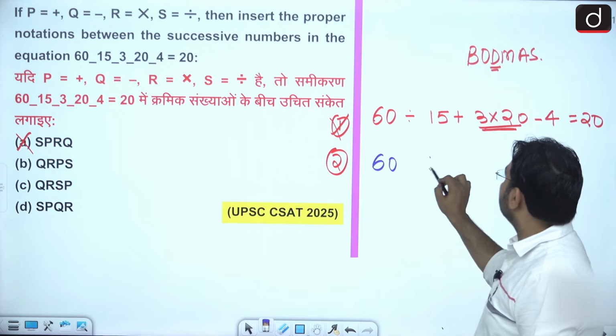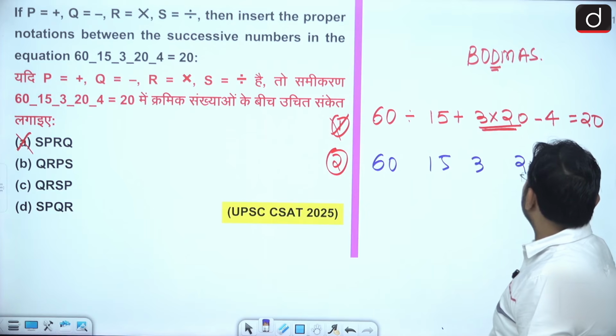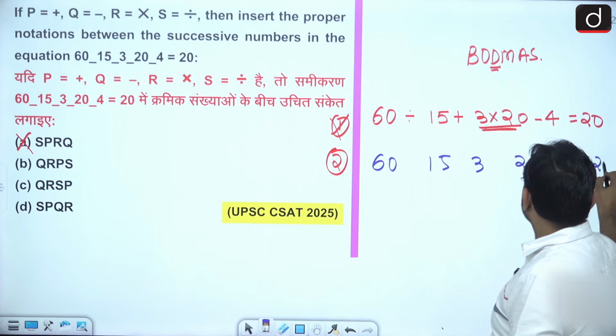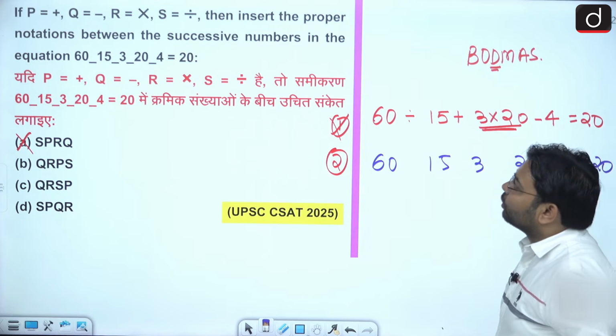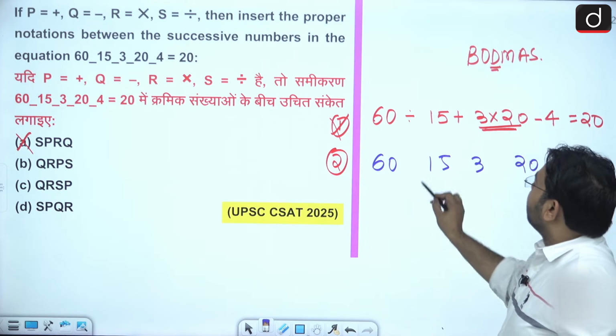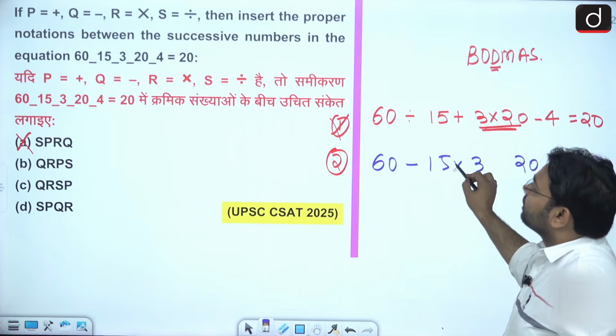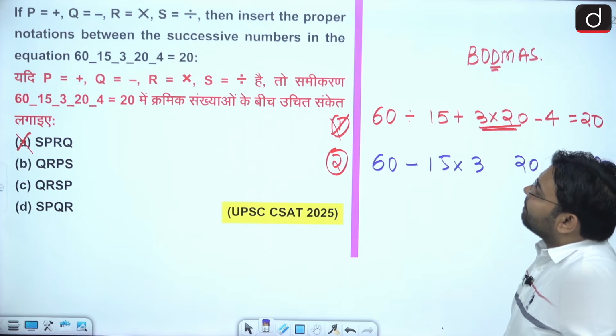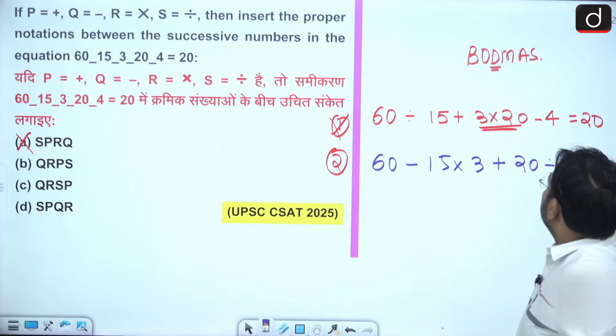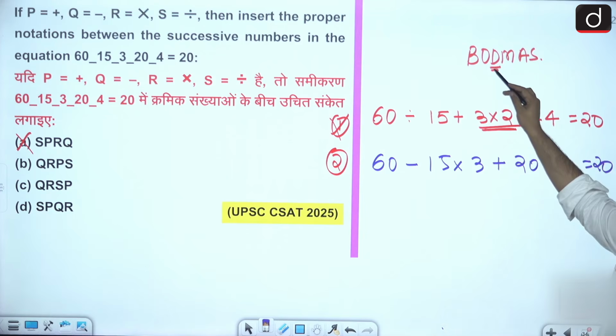Now the second option. 60, 15, 3, 20, 4, 20. The second option is what? First is Q. Q means minus. R means multiplication. And P is plus. S is divide, first you need to divide because of BODMAS.